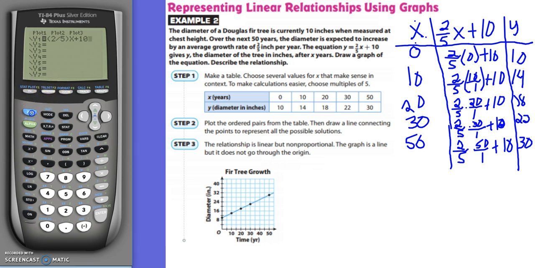And you can go to second graph and check. We need to scroll down if we can, because we did 10.